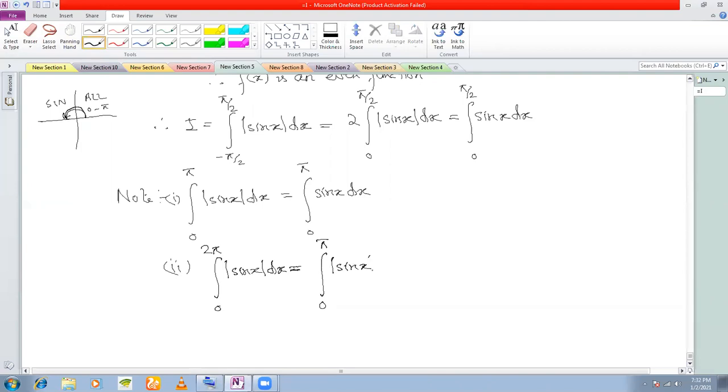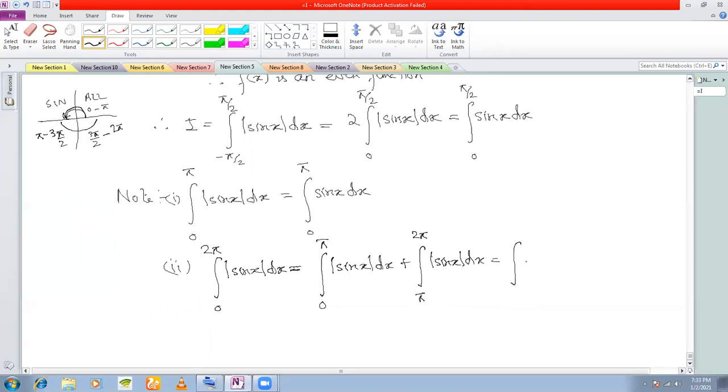Next, from pi to 3 pi by 2 sine is negative, and also from 3 pi by 2 to 2 pi sine is negative. So my next limit will be from pi to 2 pi, mod sin x.